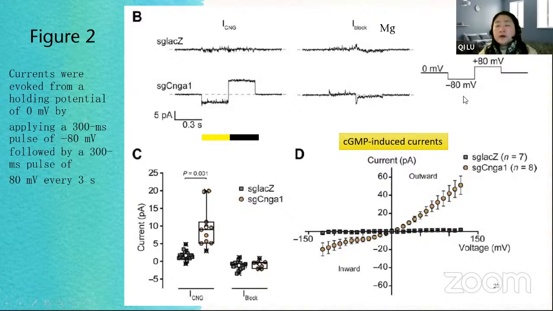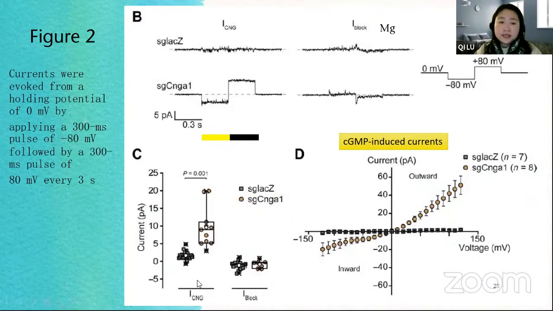Then first they hyperpolarize, and we can see it causes a CNG channel cation influx into the cell, then holding at a positive potential, the cation flows out of the cell. If using magnesium, this system will be blocked. Also, without adding cyclic GMP, because cyclic GMP is needed to open the channel, and it is also calcium dependent.